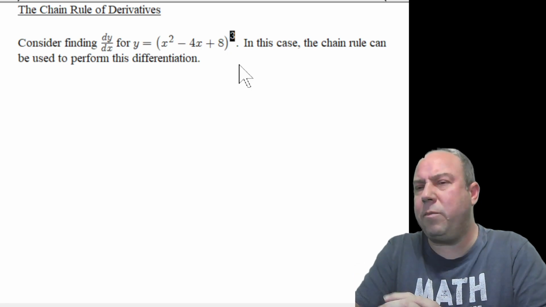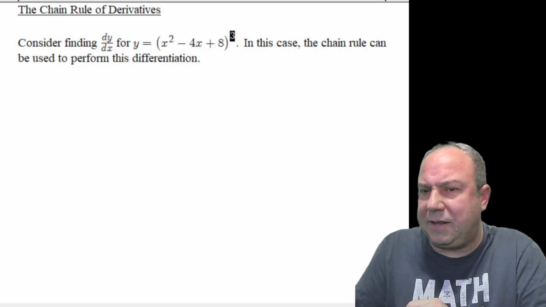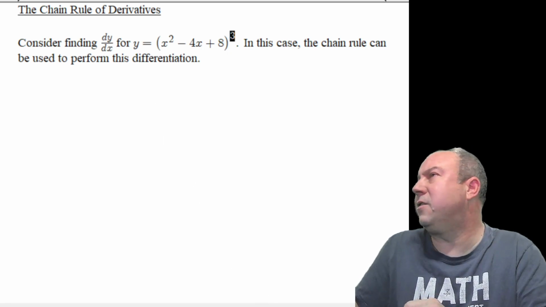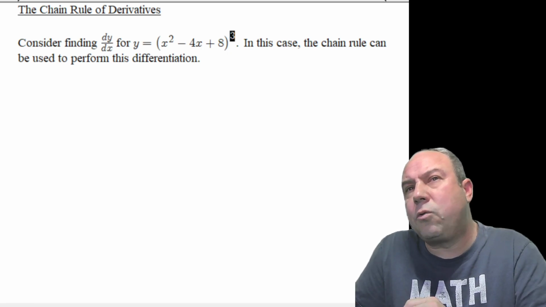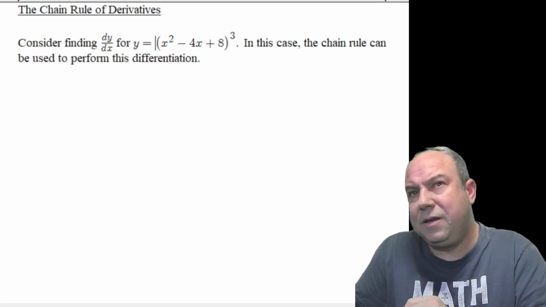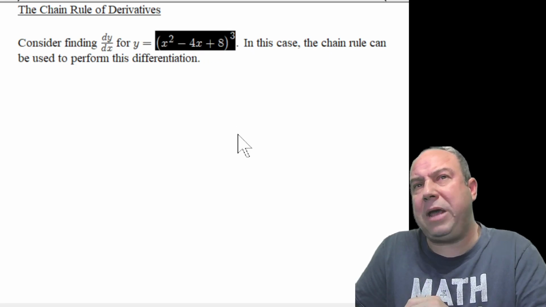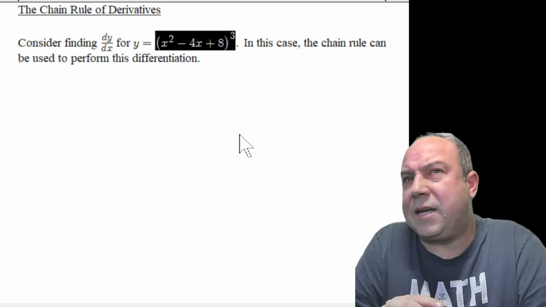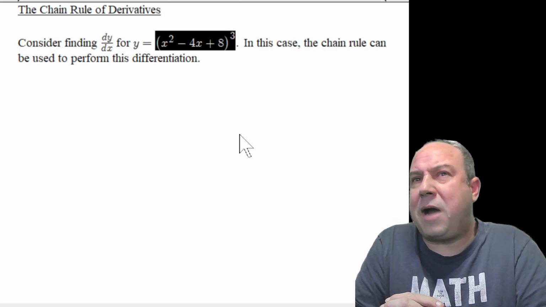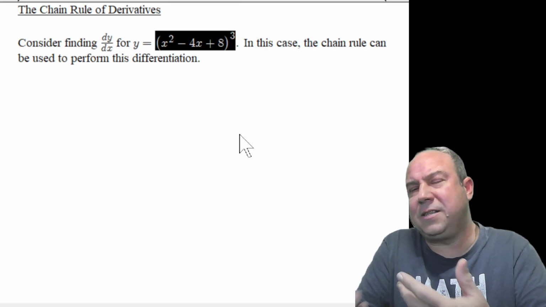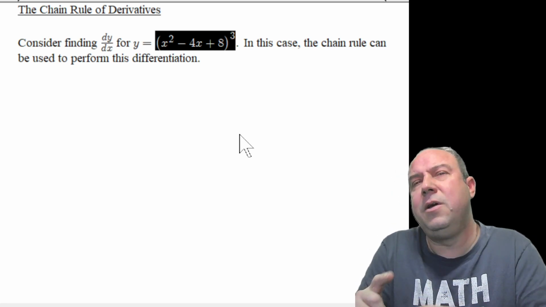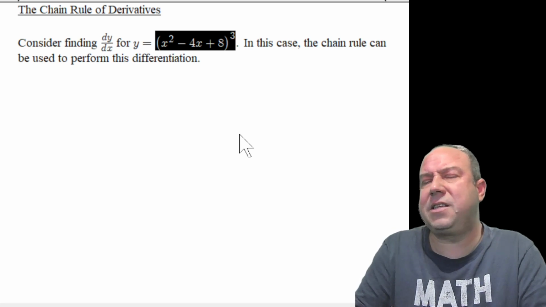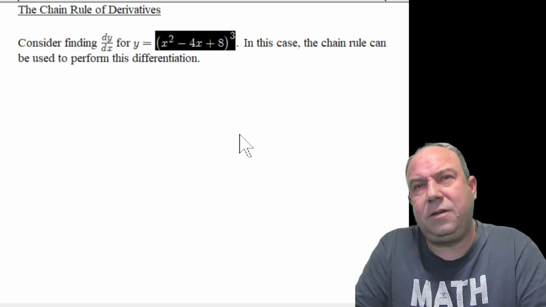Now we could go about finding the derivative by considering the expansion of this quadratic, taking x squared minus 4x plus 8 and multiplying by itself 3 times, which would produce a sixth degree polynomial.